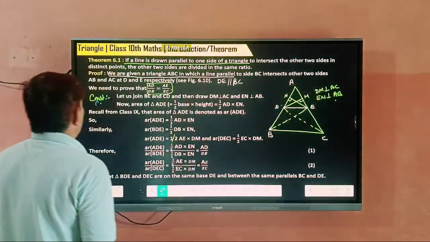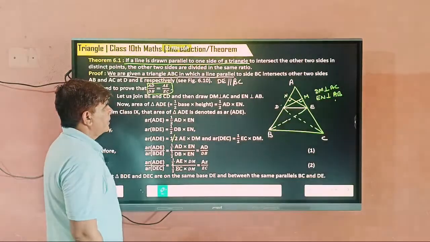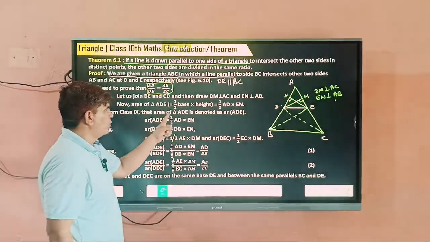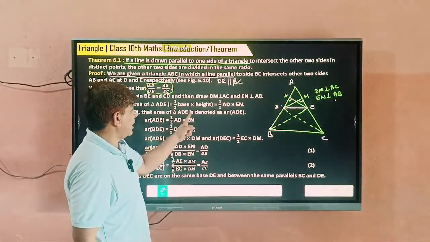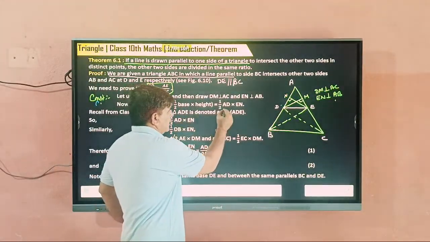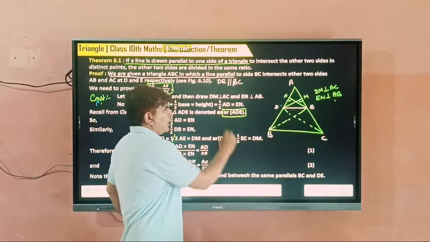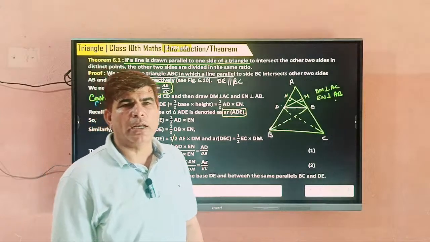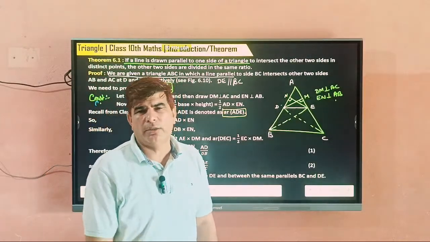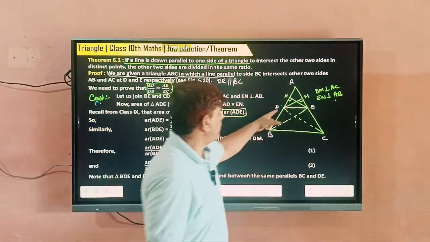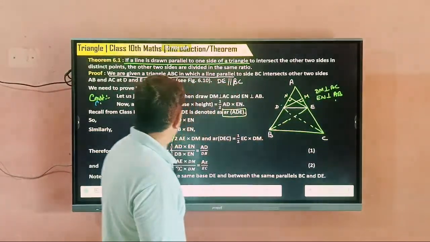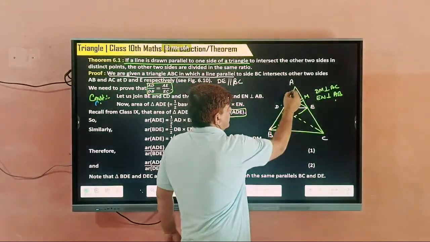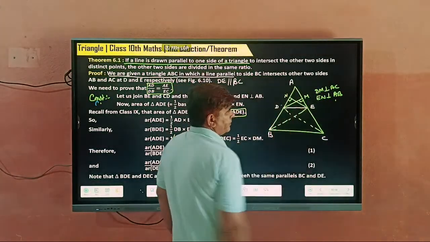So what is the proof of this? In class 9th, you know the area of a triangle. So we can find the area with the help of that. We know the area of a triangle is half base into height, which is why you drew the perpendicular. So we take triangle ADE.